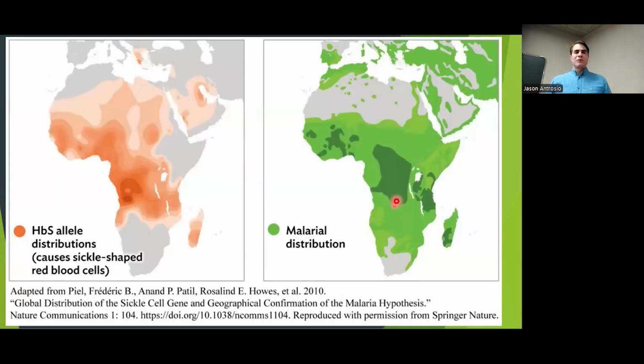So this is basically where malaria is in the world, where it's been, in terms of, again, often places where irrigation occurs. And as you can see, that pretty much perfectly maps onto the sickle cell trait or the HbS allele distribution of the world.